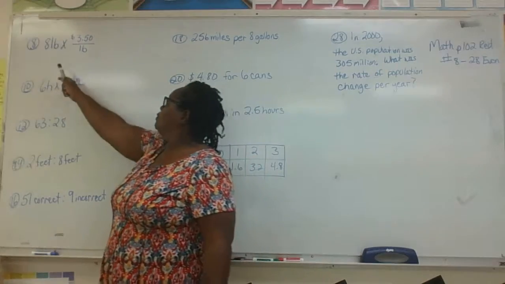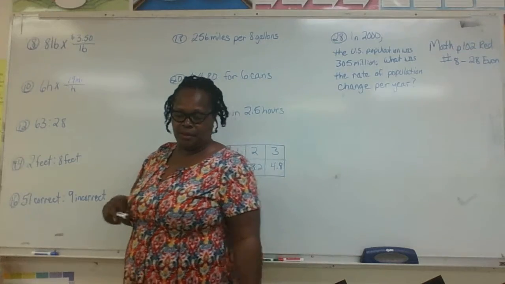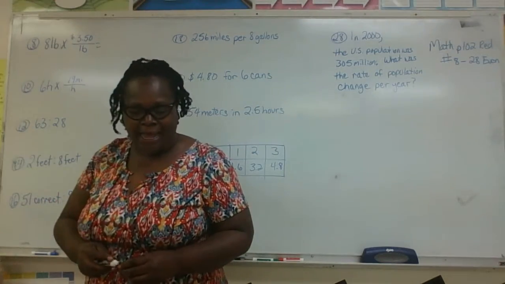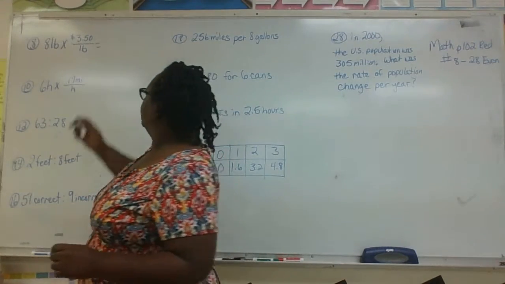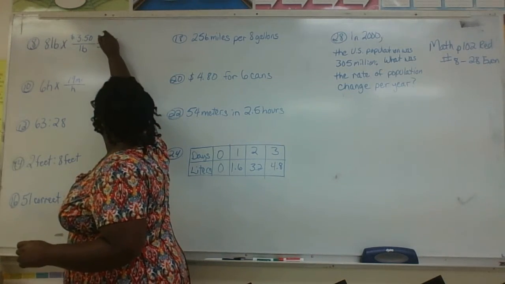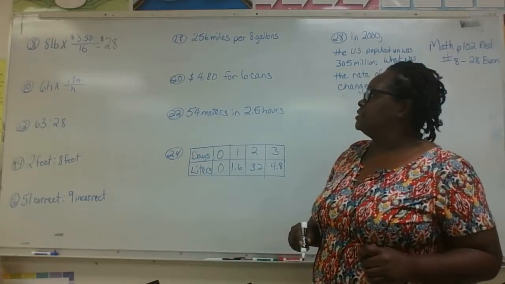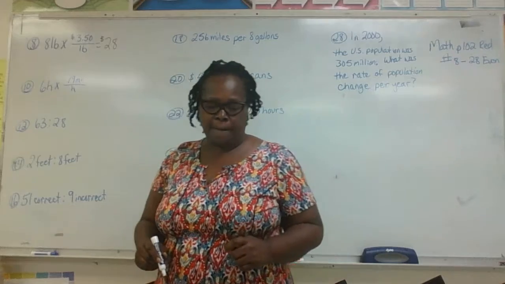So therefore, we will multiply 8 times 350. When we multiply 8 times 350, we will find that the answer is 28. It will be $28 to purchase 8 pounds at $3.50 per pound.